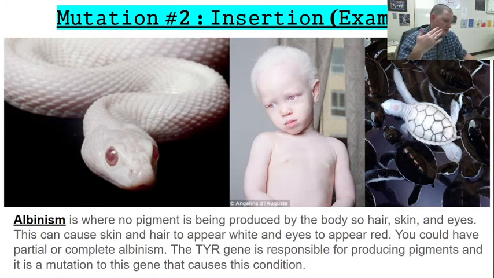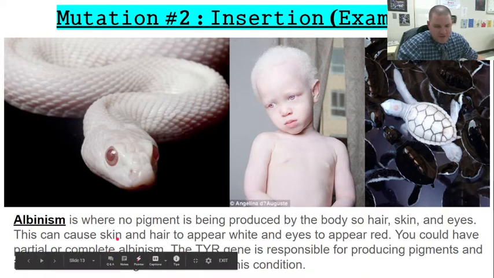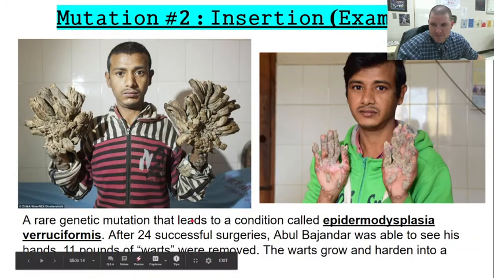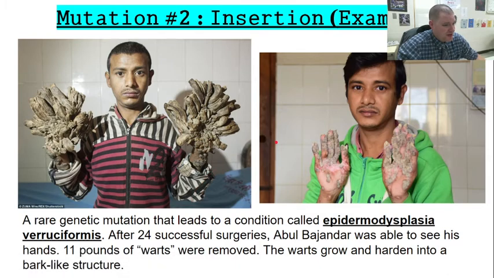And this happens in a variety of different types of animals there. So you can see reptiles and at least mammals there for it. Basically anything that has pigment can suffer from being an albino. Is that on the wilder side of things? Insertion mutation.